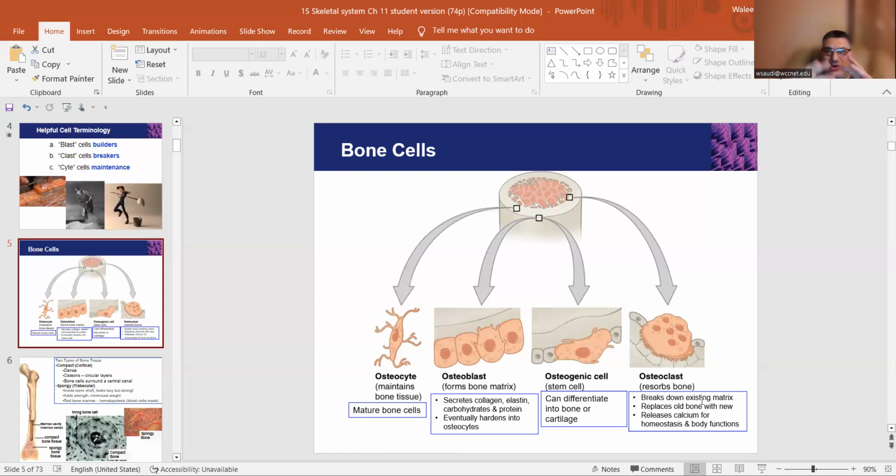In both cases, you're going to dissolve the bone anyway, not the whole bone, part of the bone. And this is osteoclast. The last one is osteogenic cells. Remember, you see osteo in all of them. Osteo is a prefix that means bone. Genic means generation. These are the stem cells. So these are the 4 cells that we need to know.